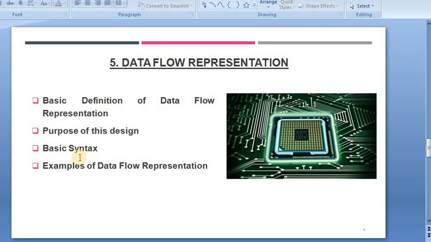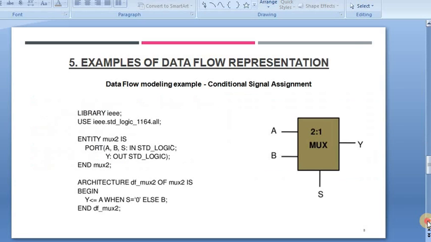In order to understand its syntax, let's take an example of data flow representation. As you see in the slide, there is an example of conditional signal assignment using data flow modeling.